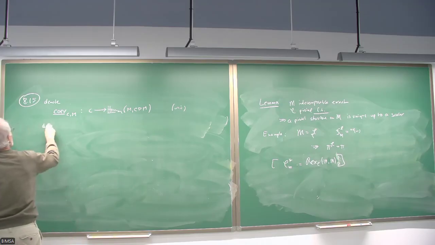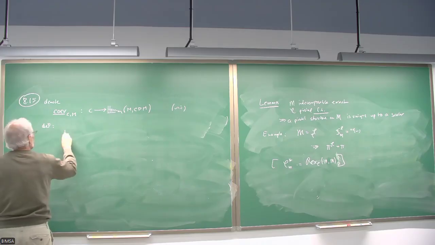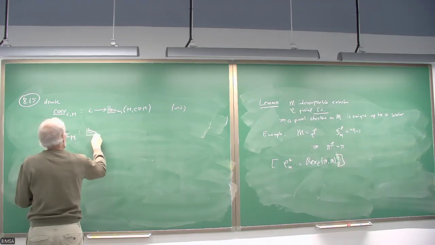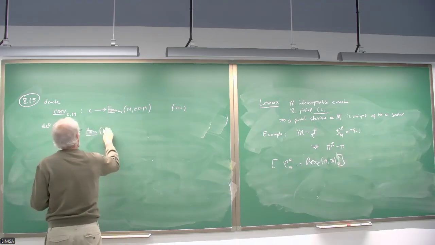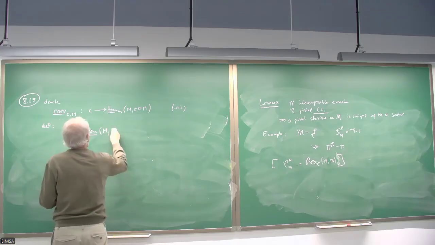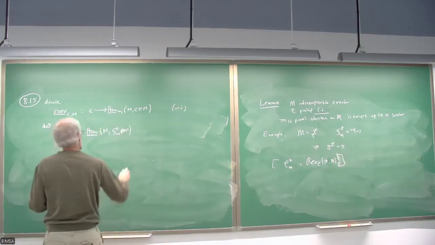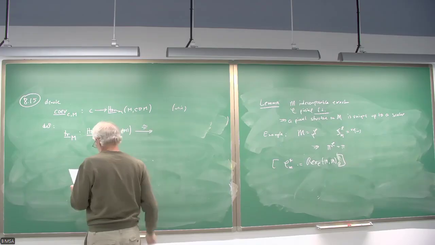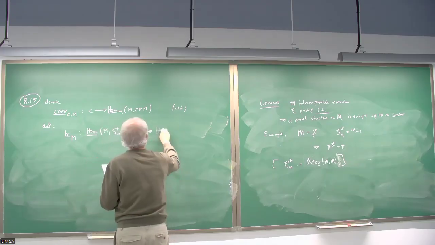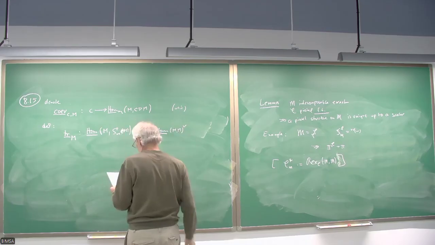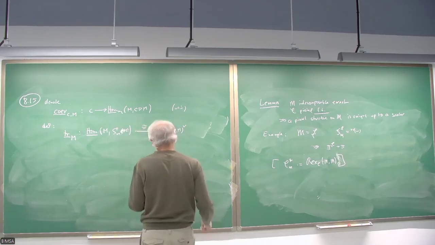And then we define the internal trace on an object M as a morphism from the internal Hom between M and the Serre functor applied to M. And this, by definition of the Serre functor, is just the dual of this object.